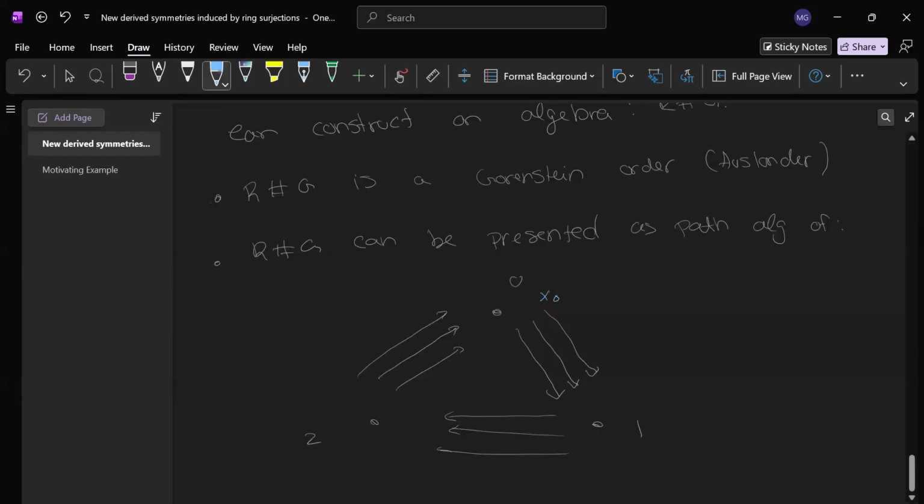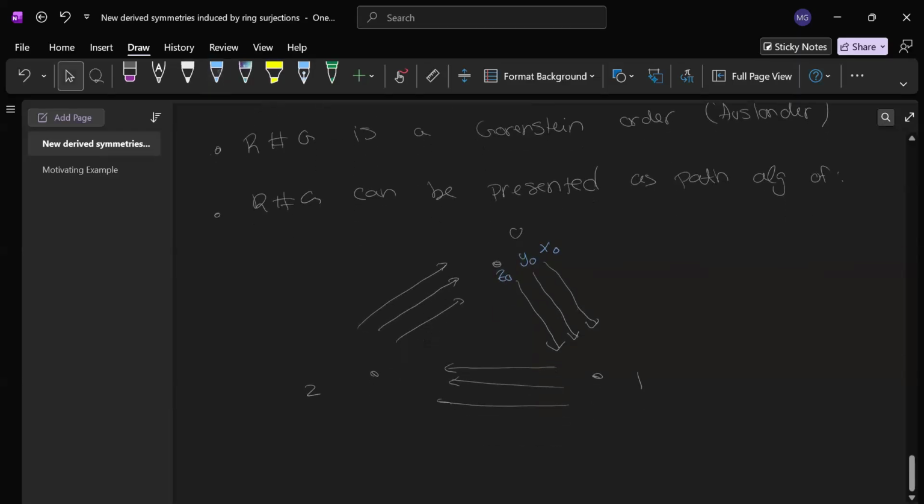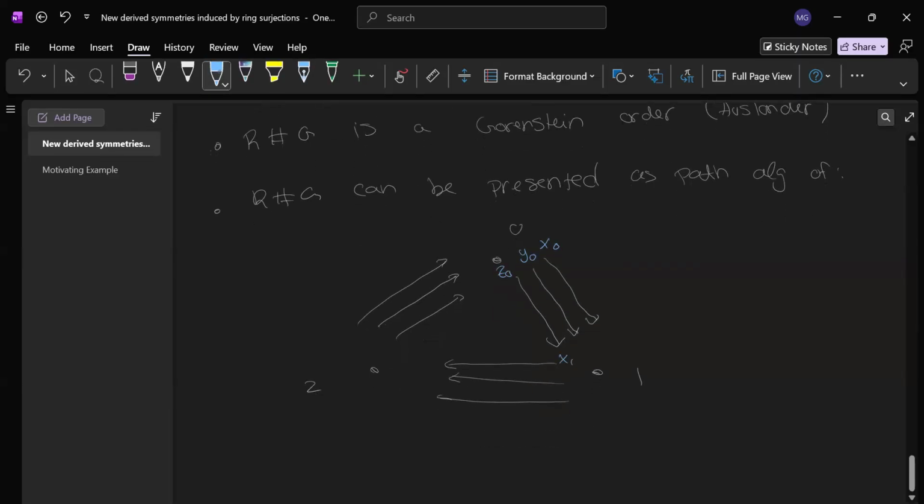We'll call the outer arrows x0, y0, and z0, and then x1, y1, z1, and x2, y2, z2. Okay.